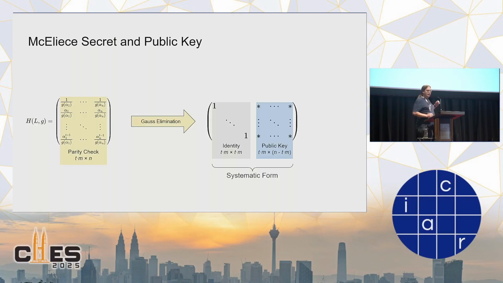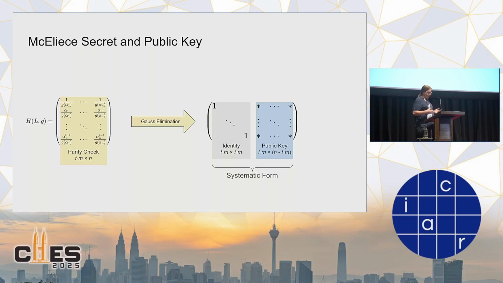What is important here is that from the secret key matrix, we establish a public key just by Gaussian elimination. So we bring this code in its so-called systematic form, which just means that the square to the left is the identity matrix and the rectangle to the right is the public key.